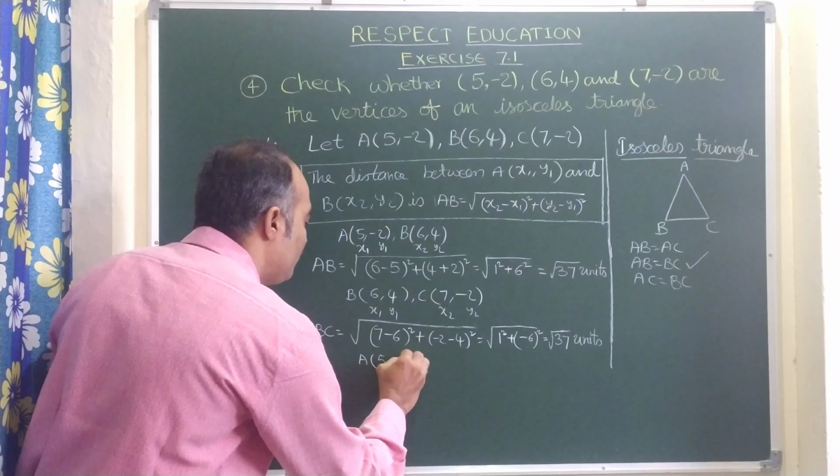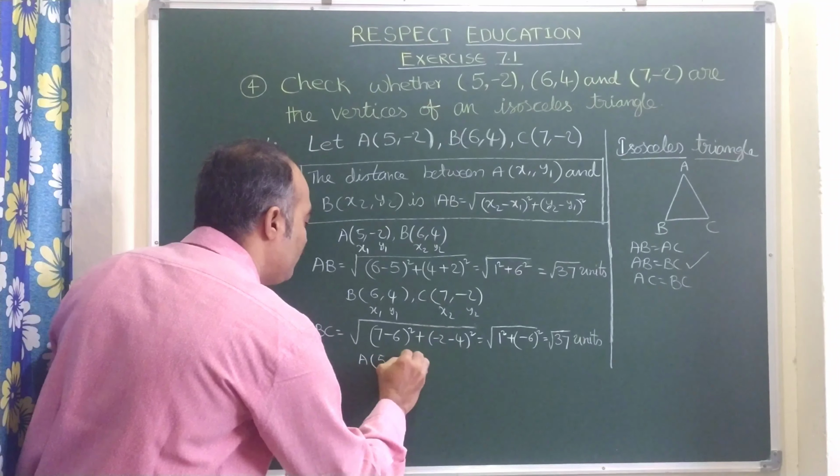So AC is equal to under root x2 minus x1 whole square, 7 minus 5 whole square, plus y2 is minus 2 minus of minus 2, minus into minus becomes plus, so minus 2 plus 2 whole square. This is equal to under root 7 minus 5 is 2, so it is 2 square plus minus 2 plus 2 gets cancelled, that is 0, so it is 0 square.